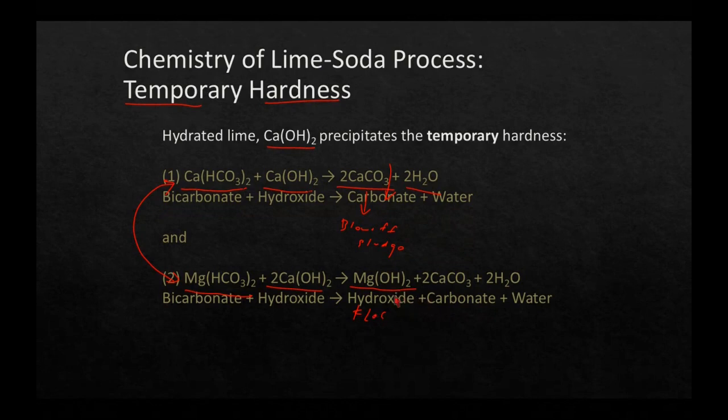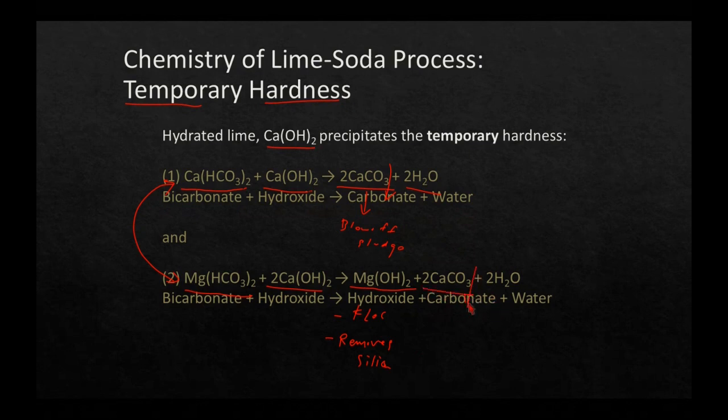The formation of magnesium hydroxide is going to be very, very important for us. It will actually attract other particles, and the formation of magnesium hydroxide will also remove silica, because silica will adsorb onto the surface of the magnesium hydroxide flock as it forms.